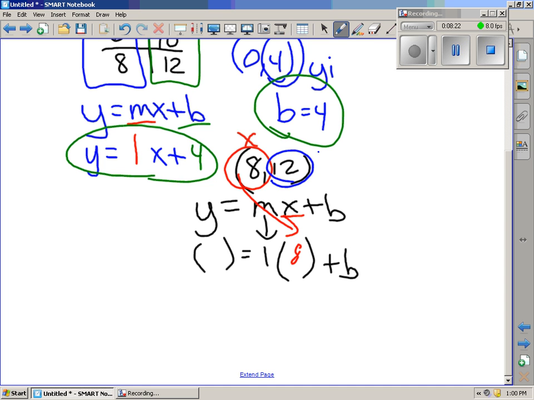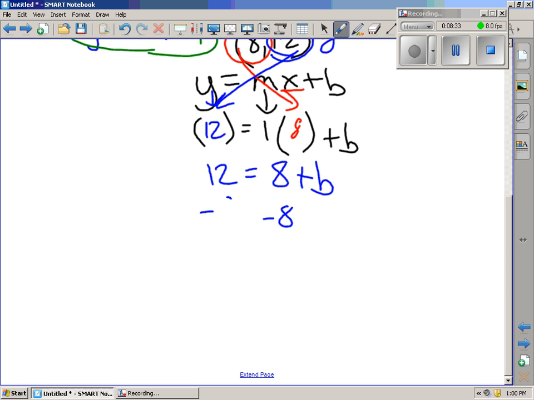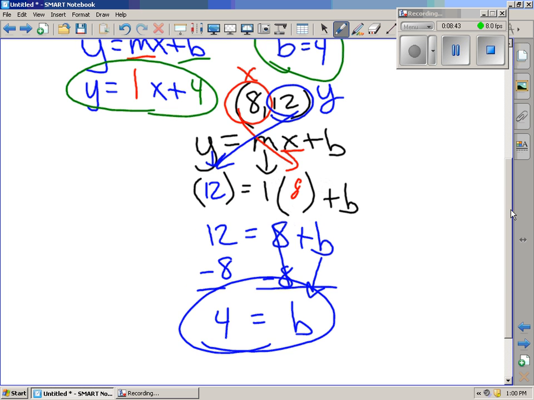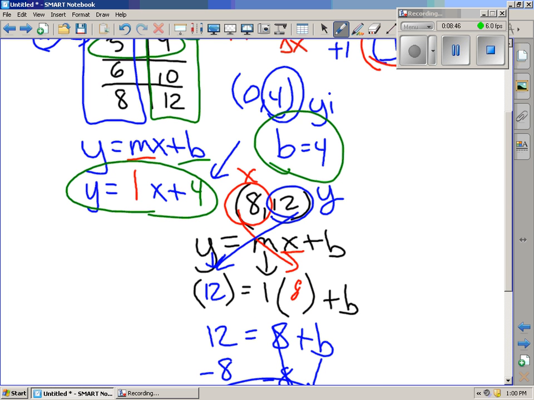And then the y value is 12, so instead of y, we plug in 12. 1 times 8 is 8. To get b alone, you subtract 8 from each side. 8 minus 8 equals 0, so we're left with just b on the right side, and on the left side, we're left with 4, which is what we found by continuing the table, that b equals 4.